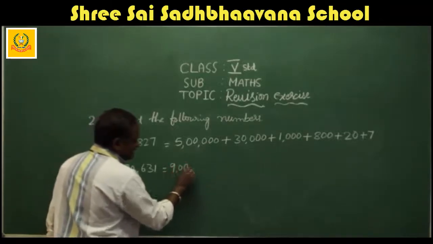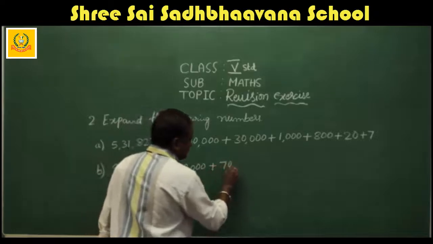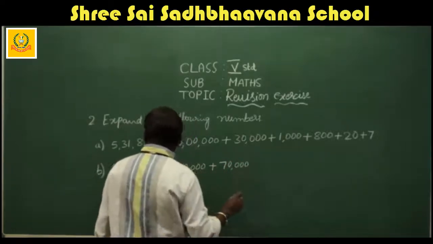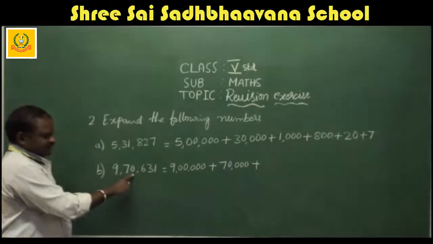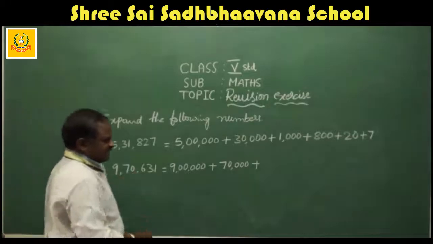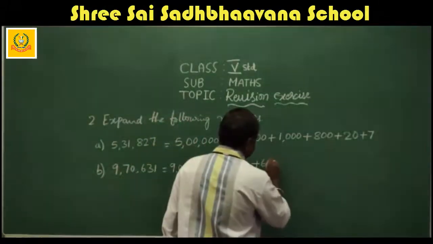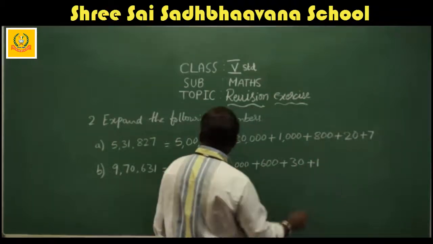First 9 lakhs plus 70,000 plus, there is no 1,000 here, only 10,000 is there. There is no 10,000, so leave it. Next 600 plus 30 plus 1.